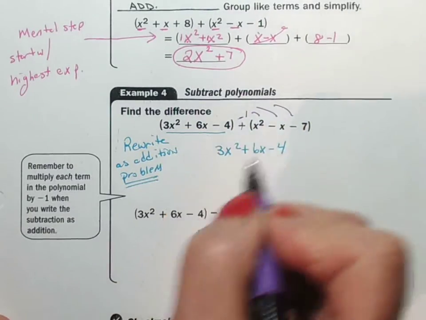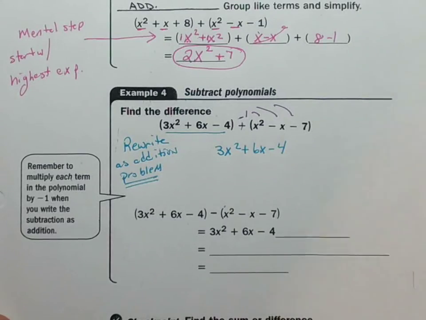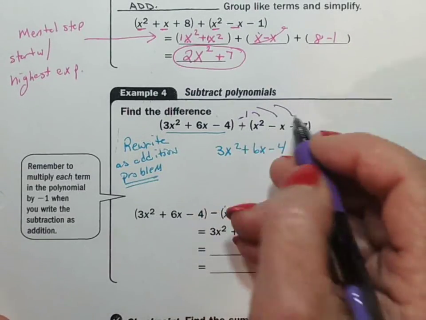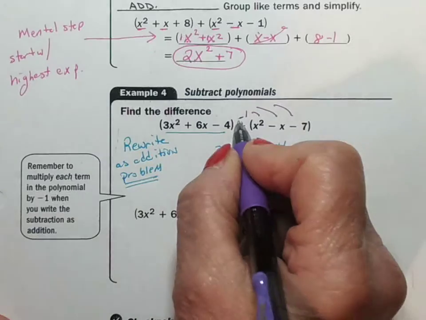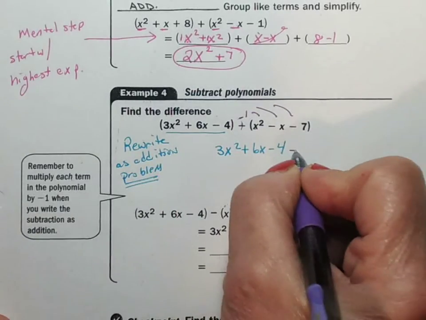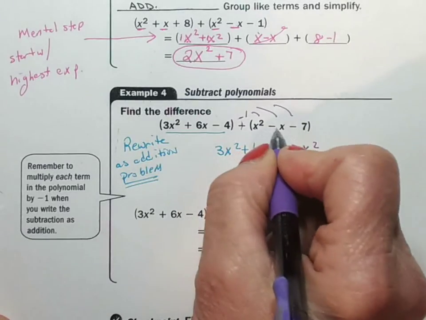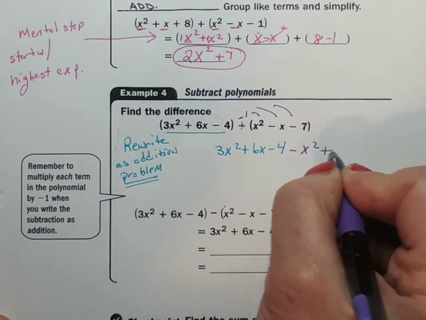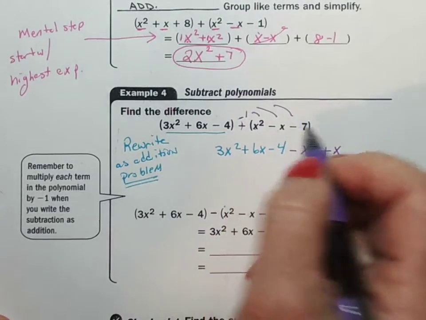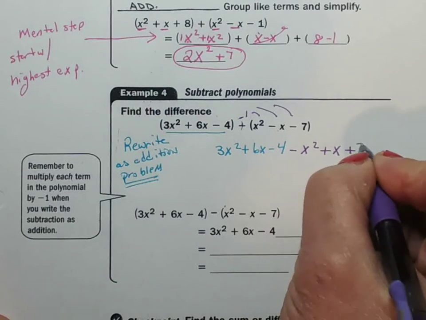Okay, because that's going to make this positive. And we are now going to take the opposite, negative 1 times x squared, minus x squared, negative 1 times negative x, plus x, negative 1 times negative 7, plus 7.